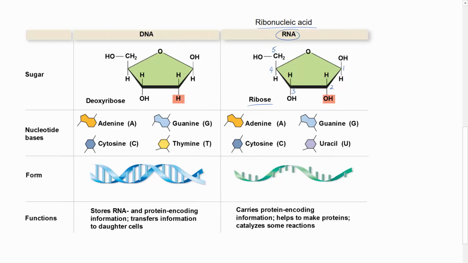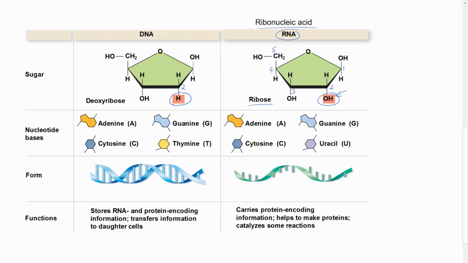And what you'll notice is that in the ribose sugar, on the second carbon is an OH group, which is bonded to that second carbon. Whereas in deoxyribose, the second carbon is bonded to a hydrogen group. So that's the difference between the ribose sugar and a deoxyribose sugar.